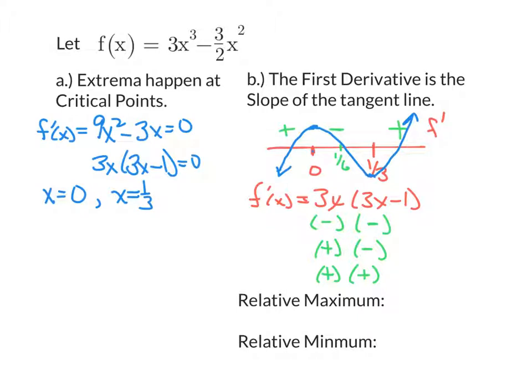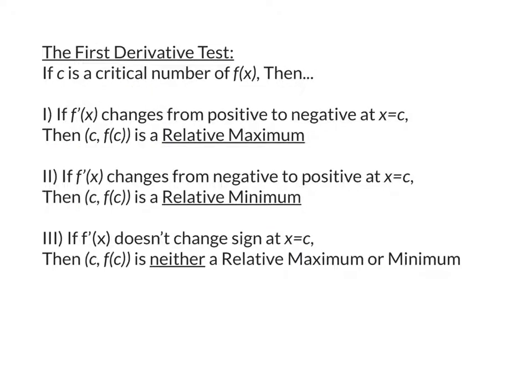We can see that we're going to have a relative maximum when x is equal to 0, and that's because the derivative changes from positive to negative. A relative minimum is going to happen when x is at 1/3, and that's because the derivative changes from negative to positive. In essence, that's what the first derivative test is.